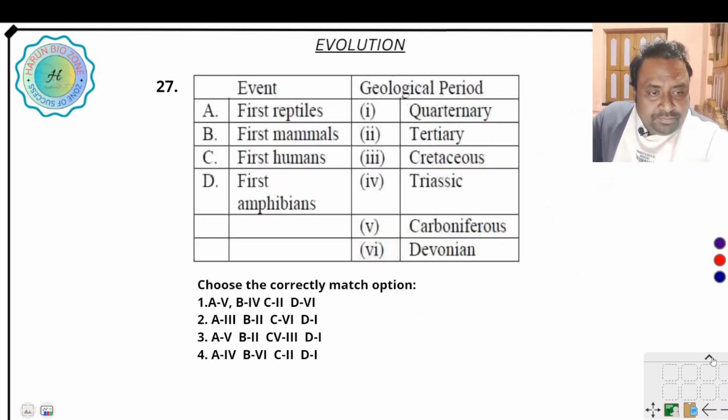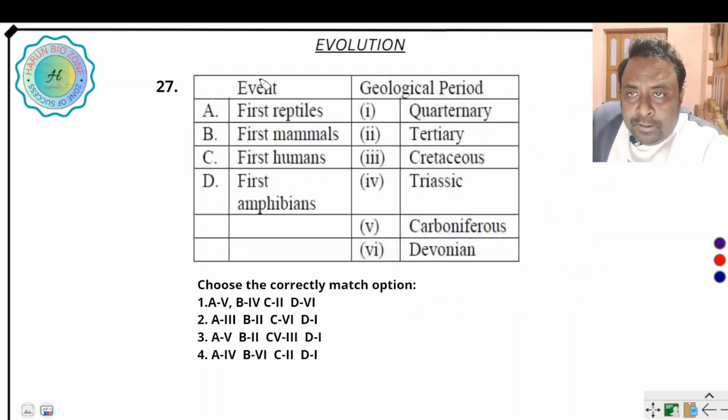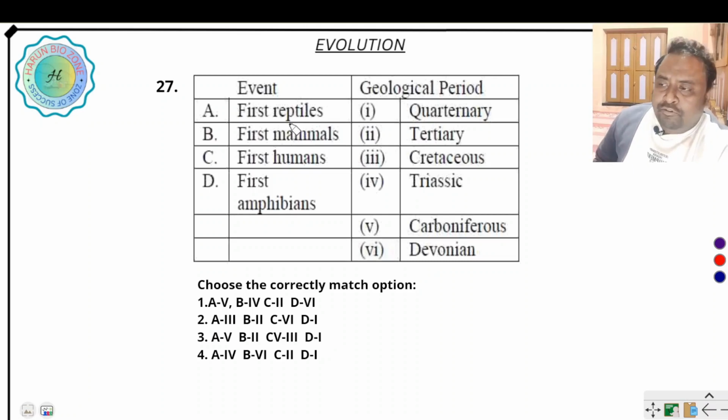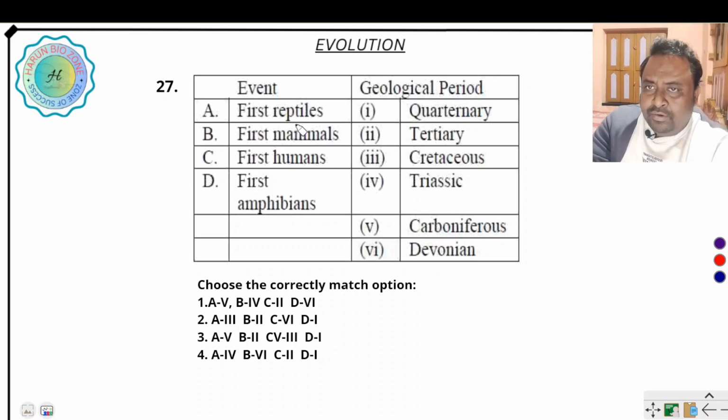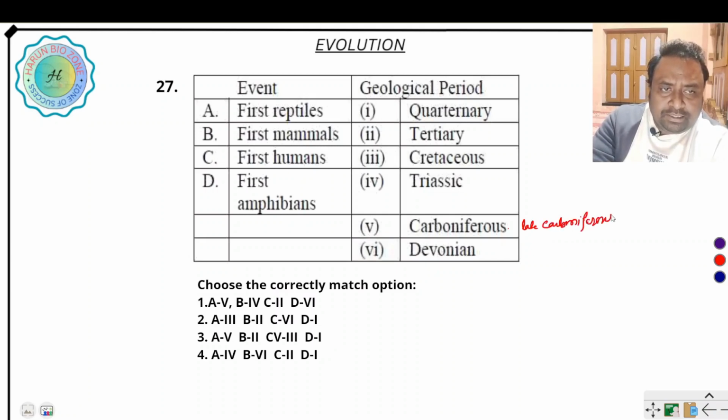Next question. Events. First reptile appeared in late Carboniferous. Carboniferous is called age of coal.